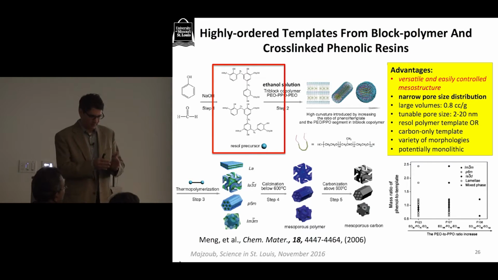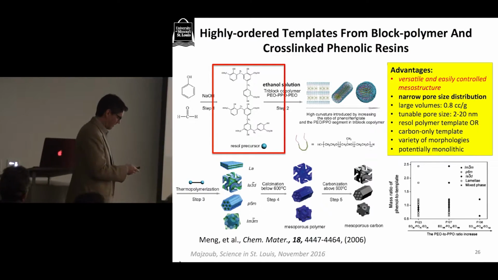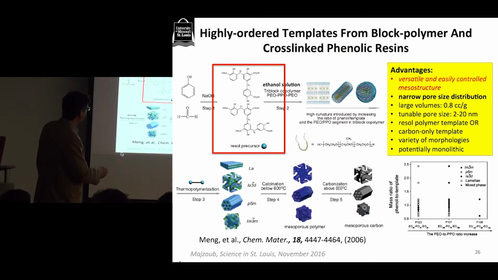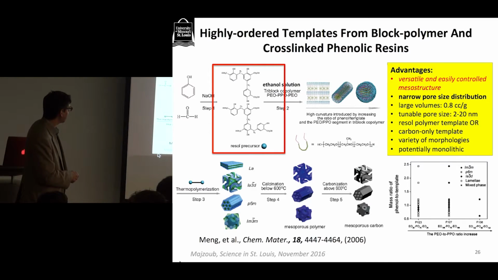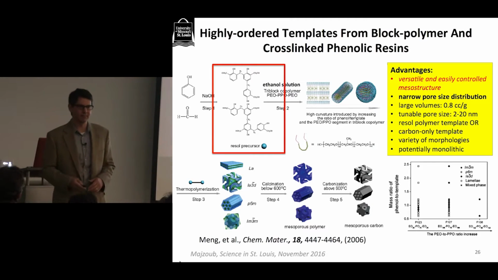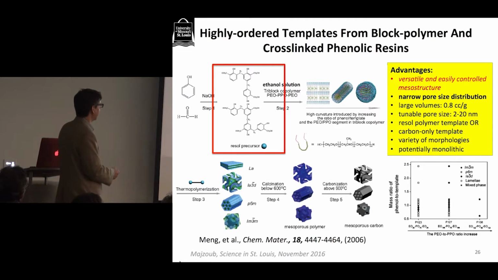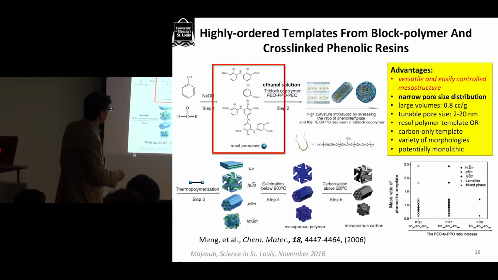We can control the chain length of polymers very accurately. And we can make polymers that don't want to mix with other materials. In this particular case, we make something called Resol, which is a phenolic resin. The details are not important here. But this resin does not necessarily want to mix with all portions of the polymer that we're going to put inside it.